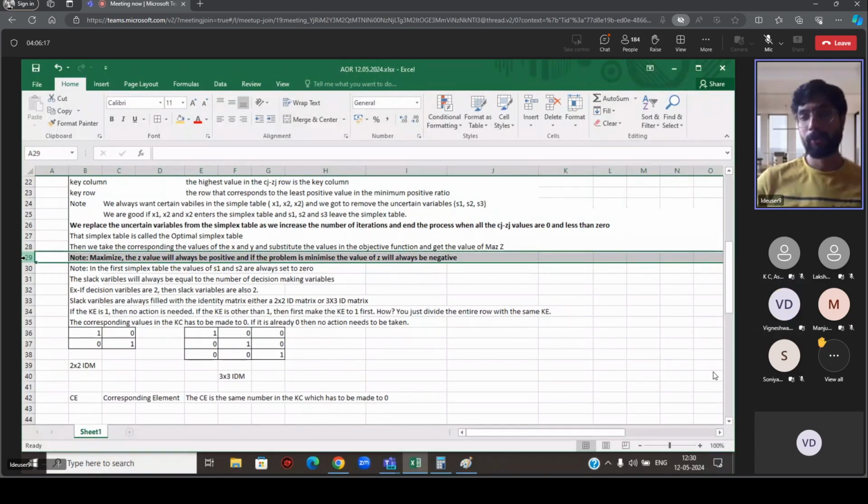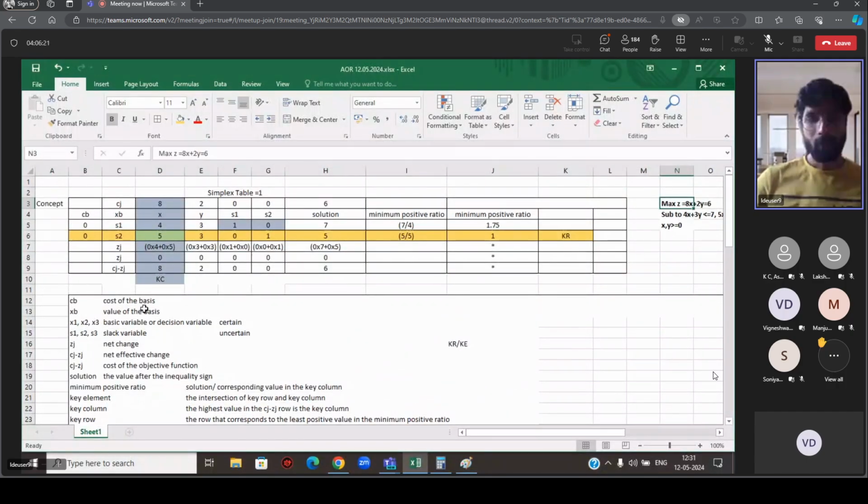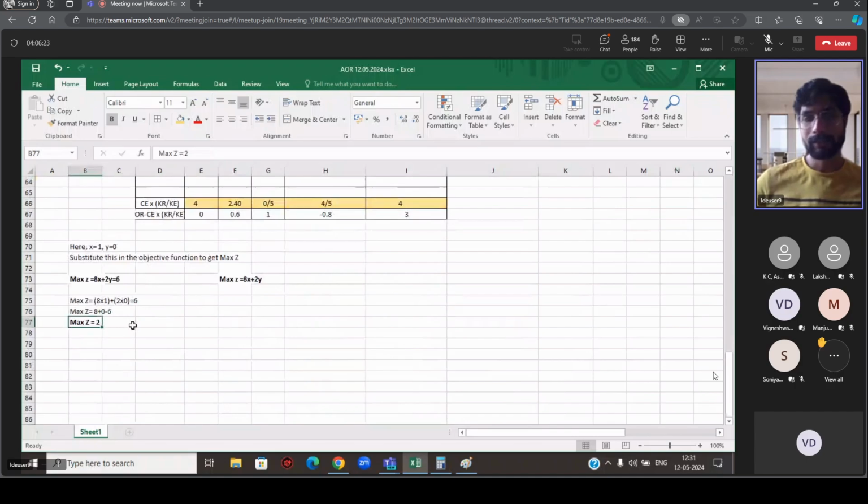Now, which is the problem you have given me? You have given me maximize. What is the answer I have got? The answer which I have got is plus 2. So which means to say what? Out of experience, if the problem is maximize, then definitely z max will be equal to a positive value.